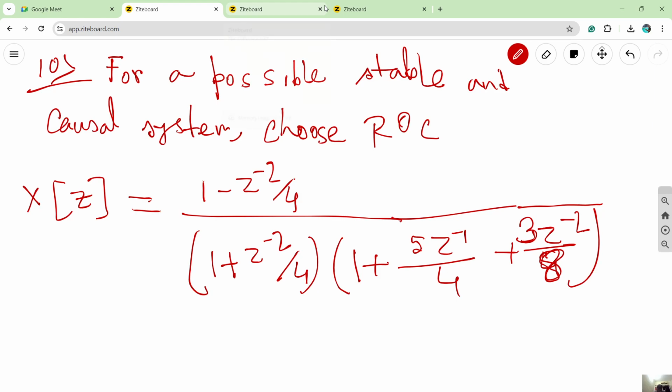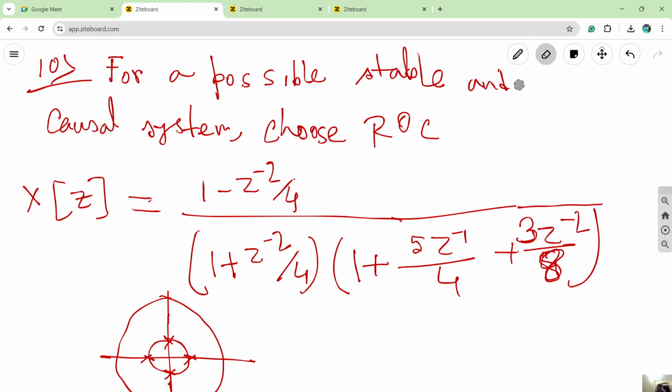So now I'm just drawing it for the convenience. This is the circle. There is a pole here, a pole here, a pole here. No pole here.